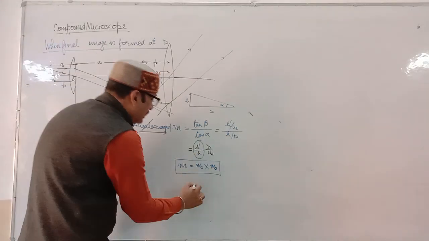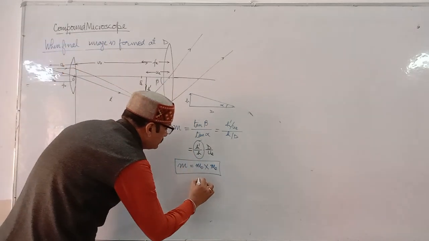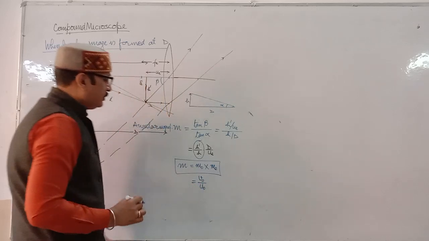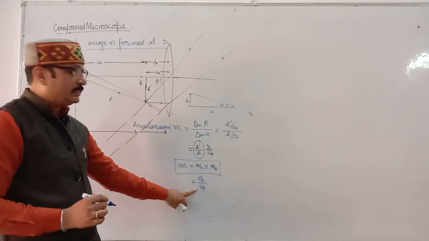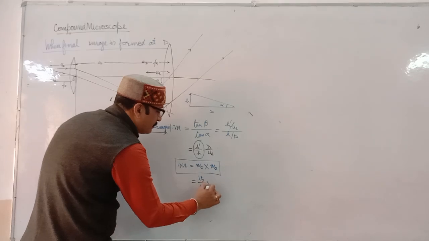Now we can write it as m(o) times m(e). m(o) could also be written as v(o) upon u(o), the distance of the image by the objective to the distance of the object from the objective, into m(e).